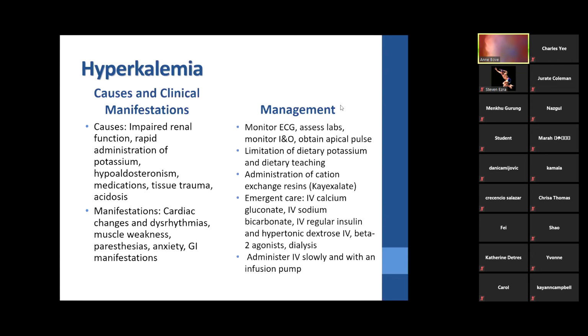Also, calcium gluconate, in terms of helping that migration, may also be administered as well. And dialysis will always correct hyperkalemia because you're dialyzing the patient and you're correcting the metabolic acidosis accordingly.